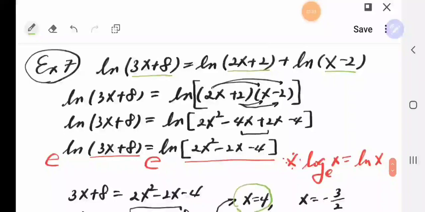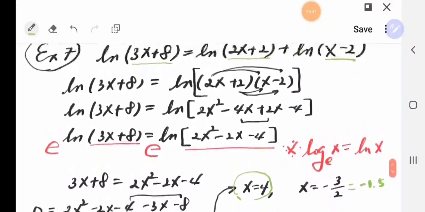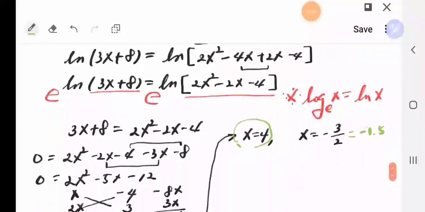If x is negative 3 halves, this is equal to negative 1.5. So if you plug in this number in this expression, then this becomes negative. So we don't allow negative, so we have to eliminate this one from the solution.